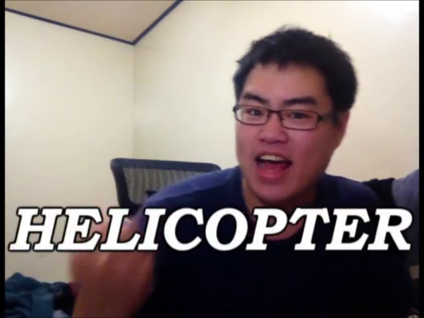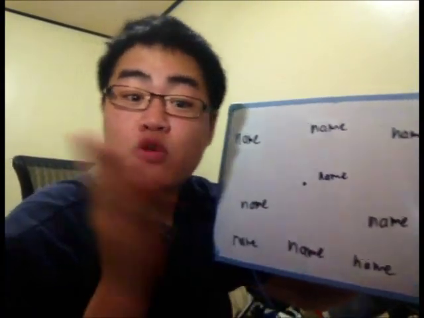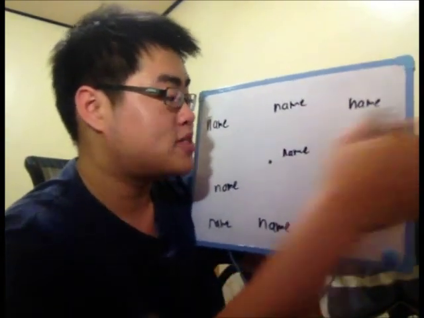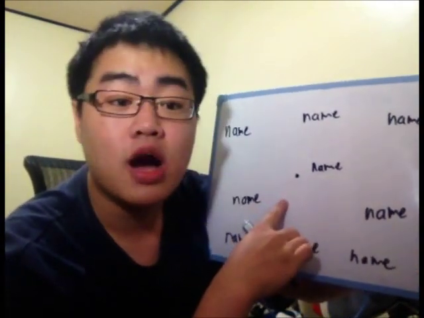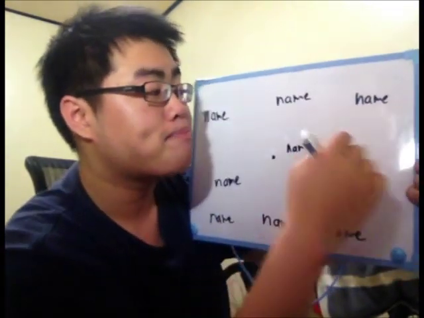Game number 10, Typhoon, or Helicopter. There are 2 ways to play this game. The first way is to either save your friends or to kill your friends who are not on your team. What you're going to have to do is write every student's name on the whiteboard. You can even write your own, and the dot represents the Typhoon or the helicopter. Students take turns throwing sticky balls on the whiteboard. Let's say they throw it and it lands here.